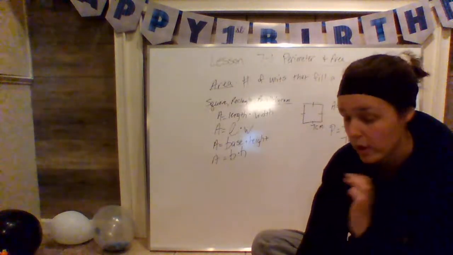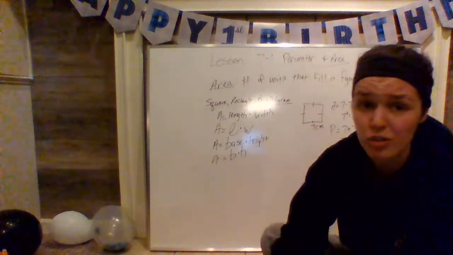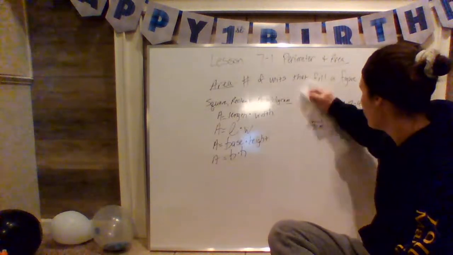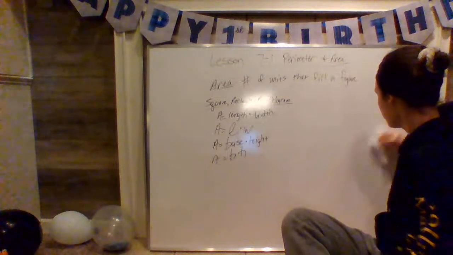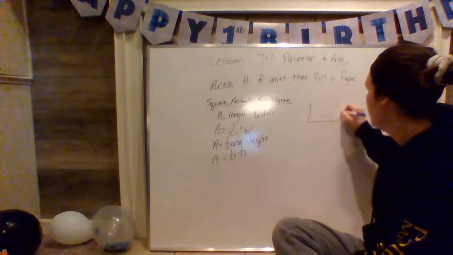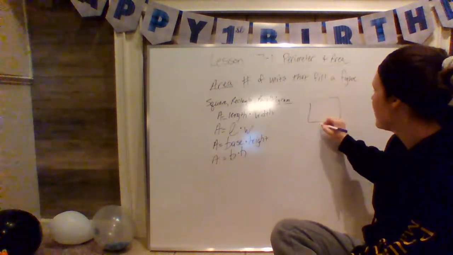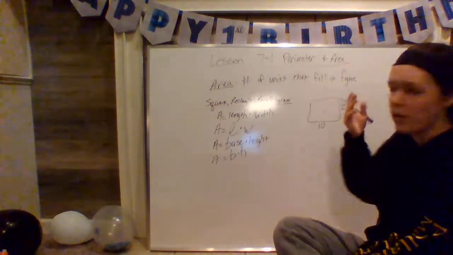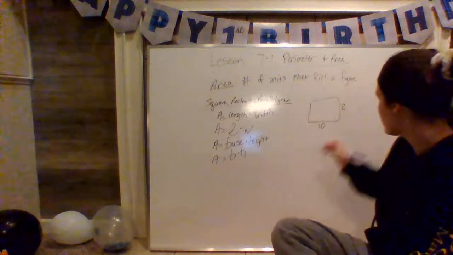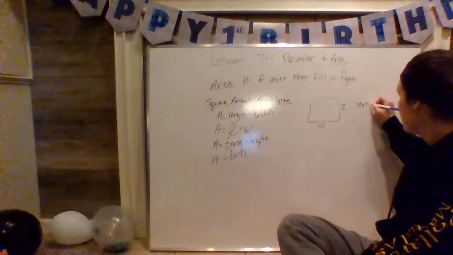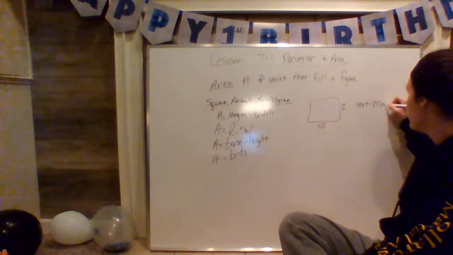So that's square. Rectangle, same thing, super, super easy. I don't think I have to show too much of this one, but if you did the rectangle, let's just say this is a 10 by 2, okay, you would just take 10 times 2 to find the area, and that's 20, let's just say meters squared.